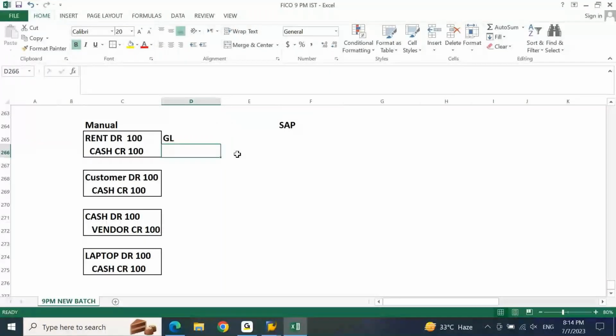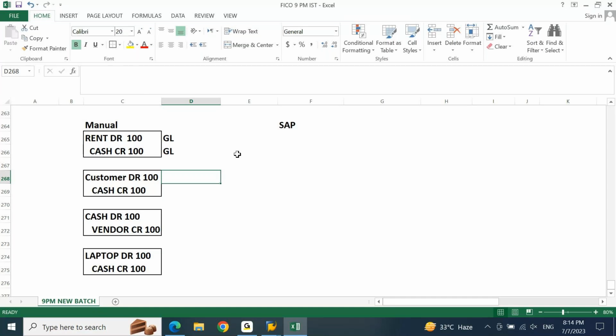In the second one, you have credit side on the cash account. Cash account is not customer account. Cash account is not vendor account. Cash account is not a fixed asset account. So this is also GL account. Clear? Next one, when I write customer, you can replace the customer with any name of a person or any name of an organization.